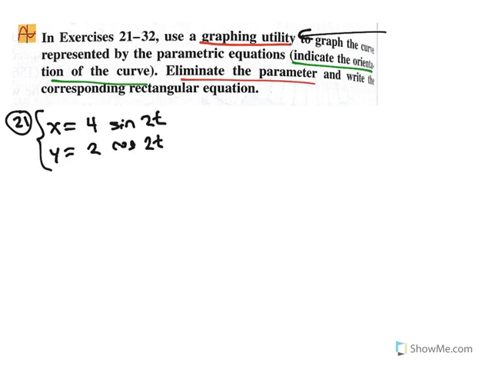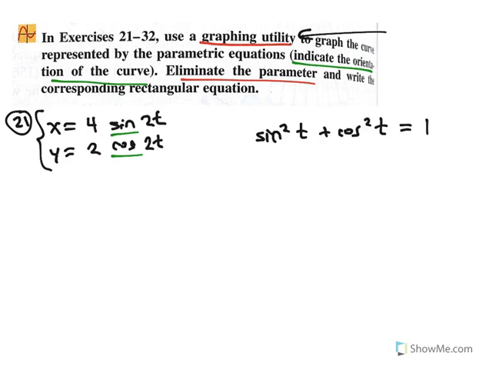We can eliminate the parameter by using a trigonometric identity to help us. Notice that you have both sine and cosine, so that clues you in that maybe you will be using the trig identity sine squared t plus cosine squared t is equal to 1.